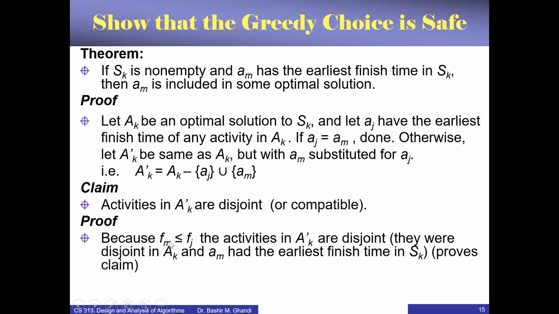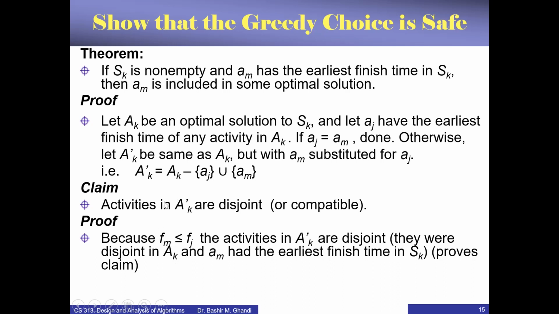We know that FM, the finishing time of AM, is less than or equal to the finishing time of FJ. Because FM is less than or equal to FJ, the activities in A prime K are disjoint, because they were disjoint in AK.